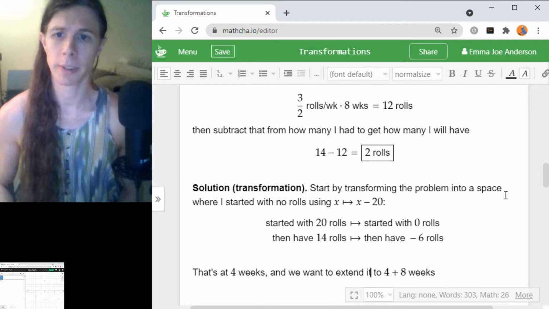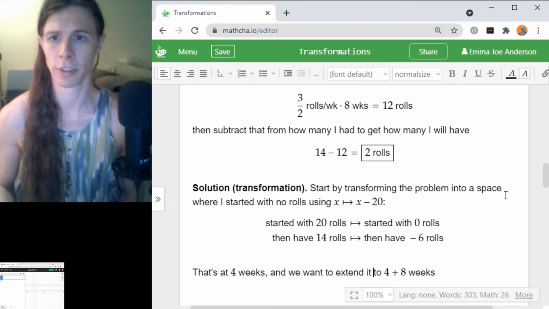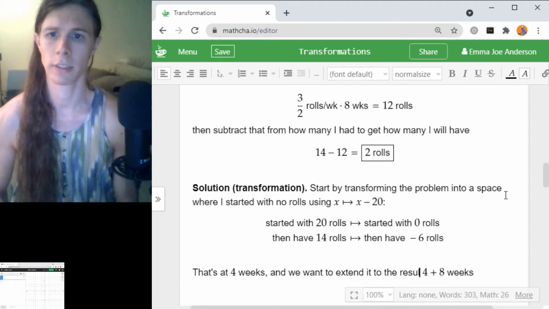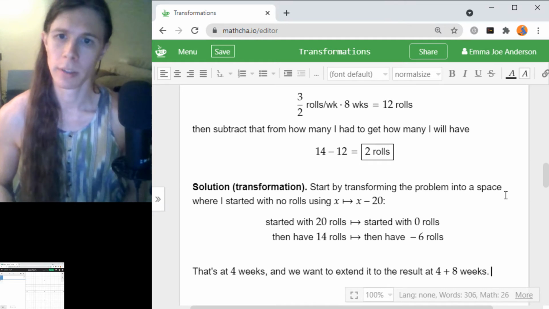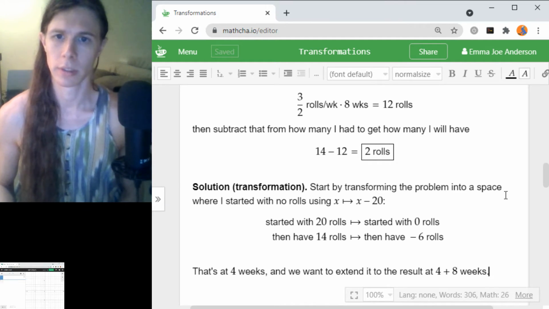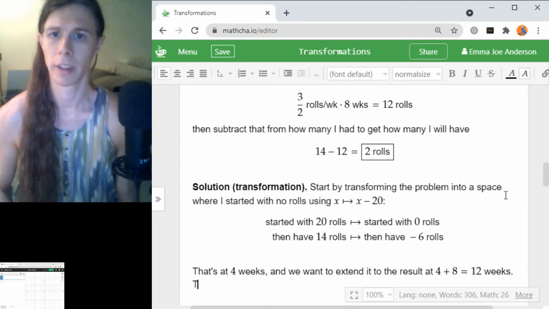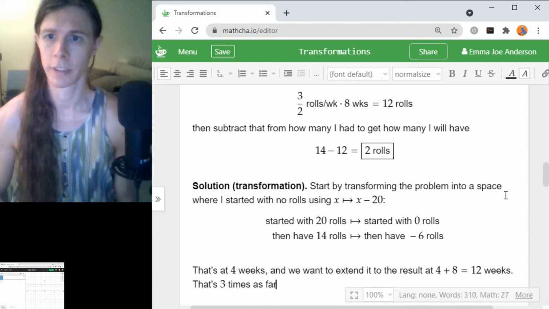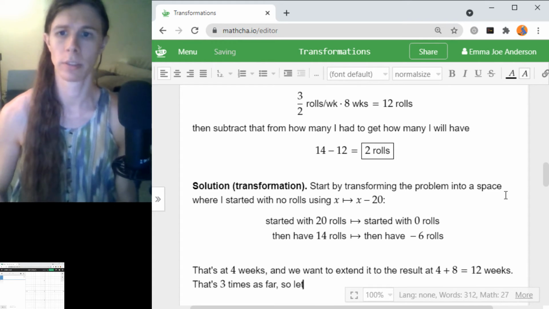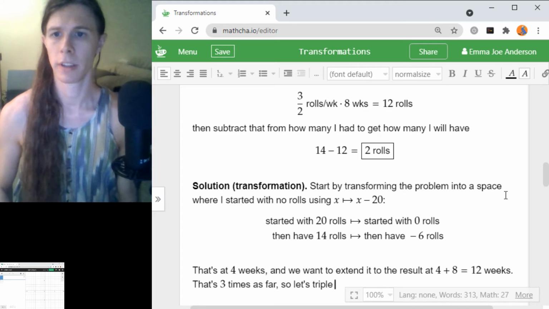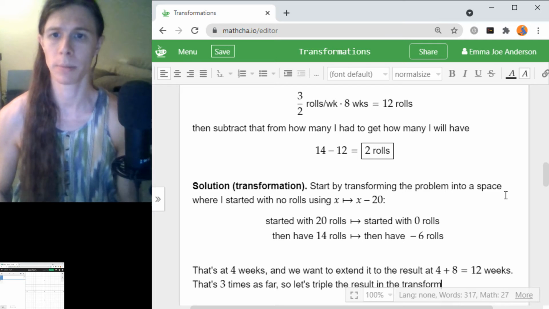So that's at 4 weeks, and we want to extend it to the result at 4 plus 8 weeks, which is 12. That's 3 times as far. So let's just triple how much I used. So triple the result in the transformed space.